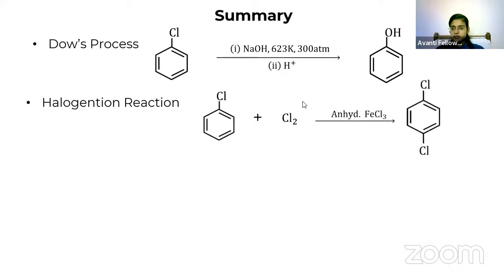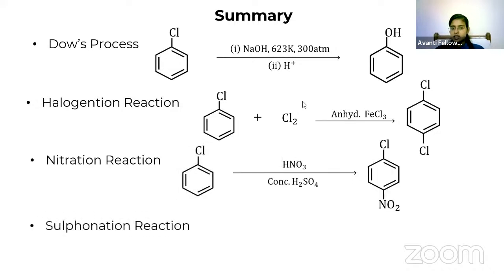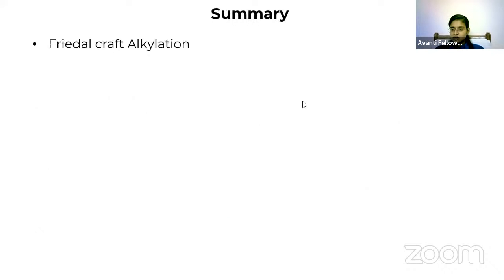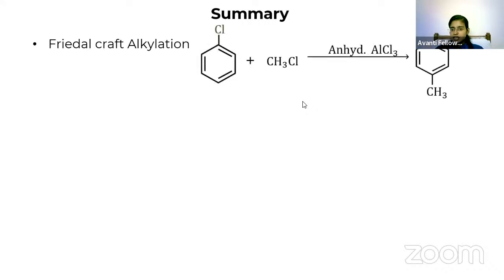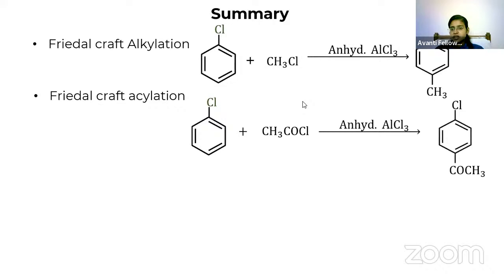Halogenation is the first one, nitration is the second, sulfonation is the third. Friedel-Crafts alkylation is the fourth one, where we used alkyl halide and anhydrous AlCl3. The last one is Friedel-Crafts acylation. These are the 5 types of electrophilic substitution.